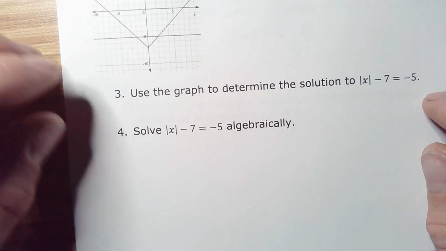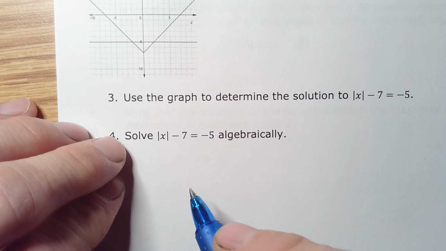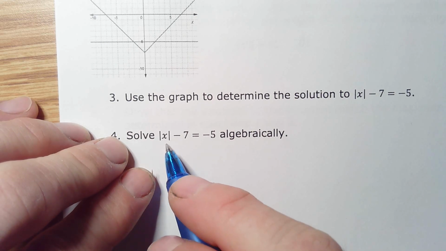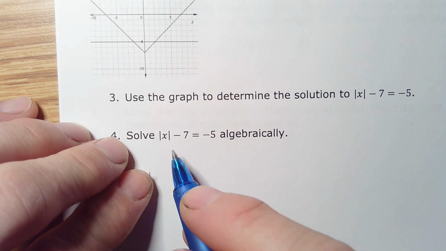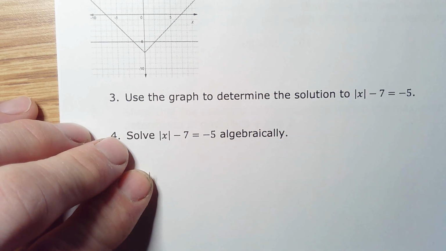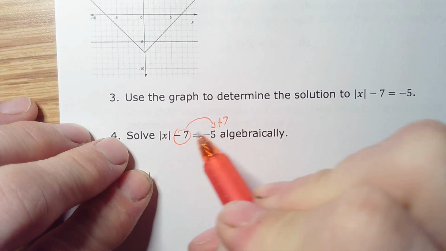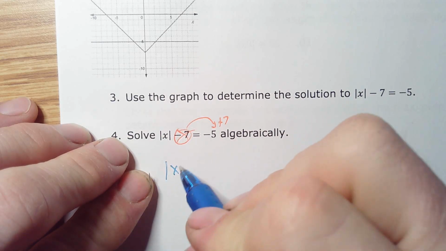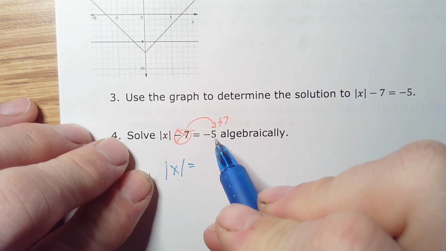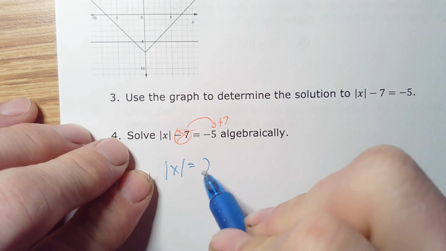So solving algebraically, let's do that one first and then check it on the table. Right, so we're going to get the thing in absolute value bars by itself. It's the absolute value of x. So let's move this 7 over here to make it +7. So the absolute value of x equals -5 plus 7, so it's going to equal 2.